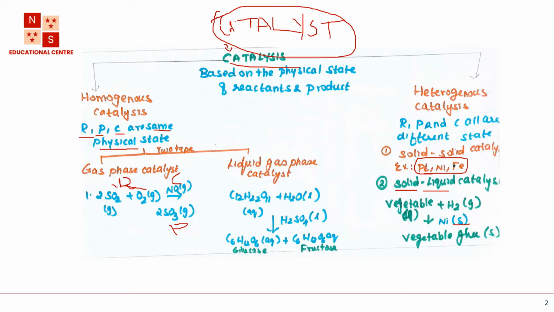Here, if you take vegetable ghee, how is vegetable ghee formed? This is the general vanaspati preparation. So vegetable oil plus H2, that is hydrogenation, is also a best example of heterogeneous catalysis.